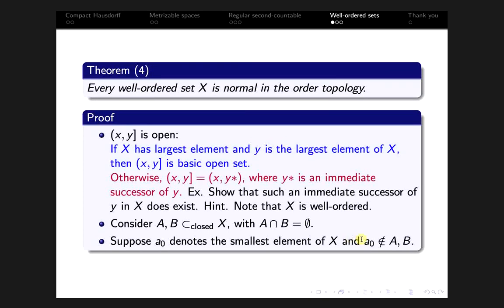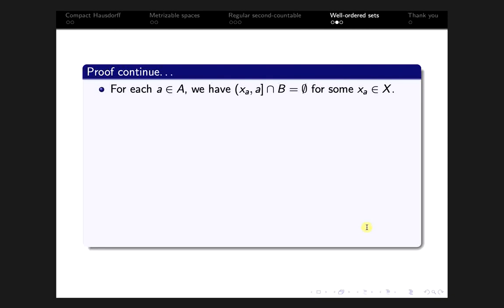the smallest element a naught is not a member of the closed sets A and B? Because suppose the smallest element a naught is a member of A, and you consider a equal to a naught, then this does not make sense.